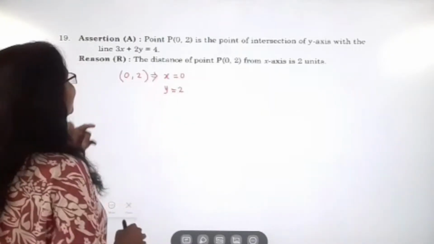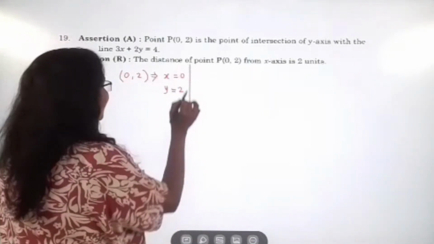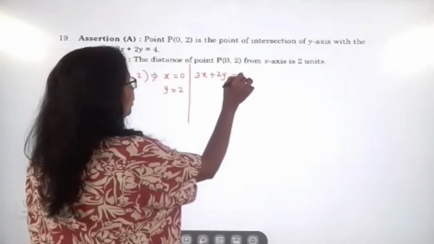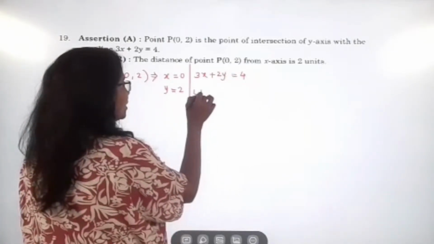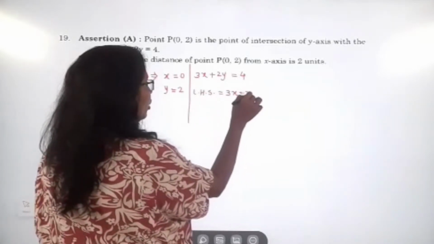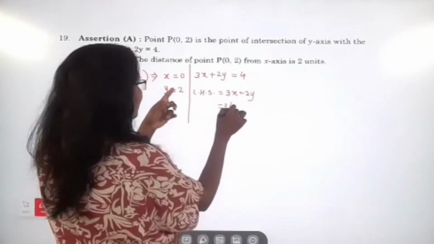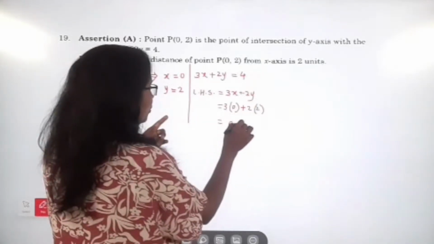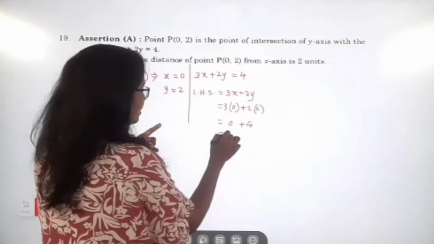The equation is 3x plus 2y is equal to 4. LHS is 3x plus 2y, so 3 multiply 0 plus 2 multiply 2, that is 0 plus 4, which is equal to 4.